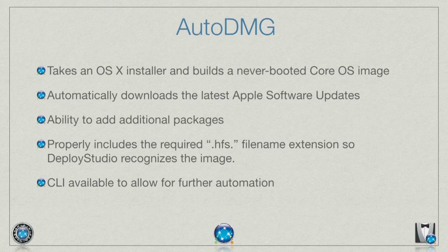AutoDMG also has a CLI available so that you can, if you choose to, have some kind of workflow where there's a launch daemon or cron job, whatever you want to call it, that every so often will go out and automatically build the latest version of the OS.